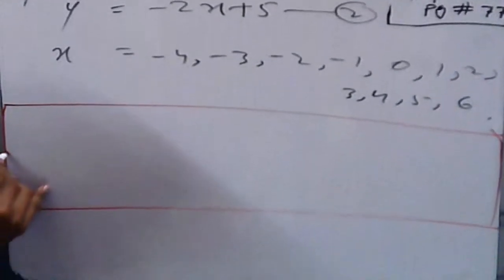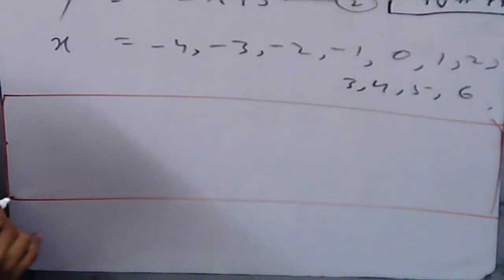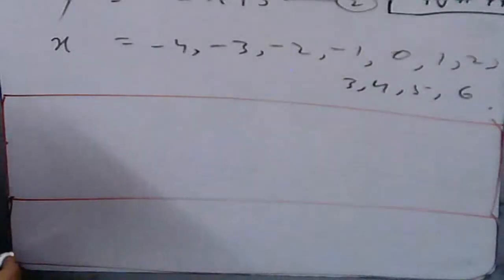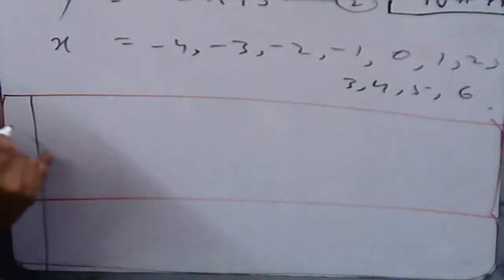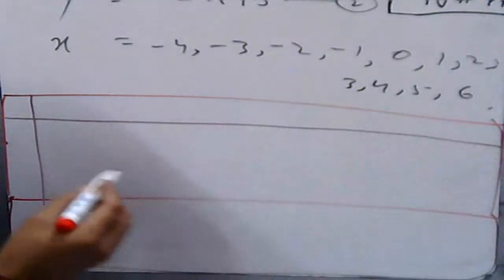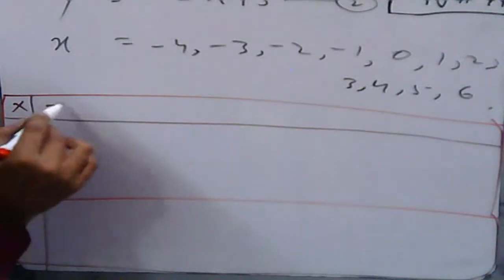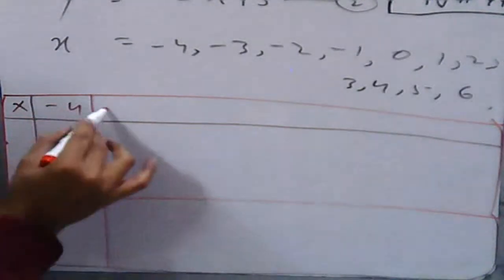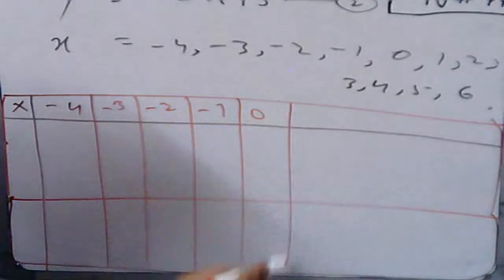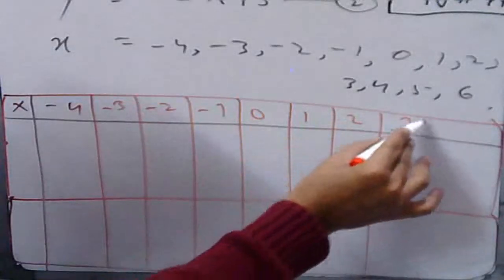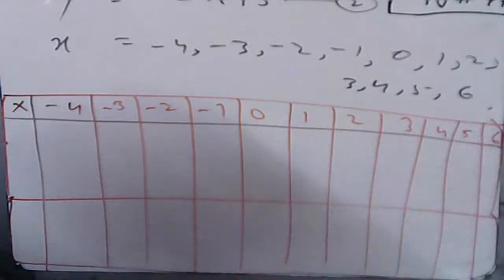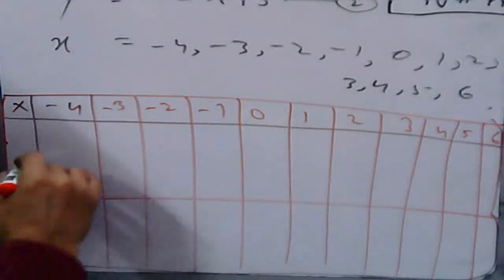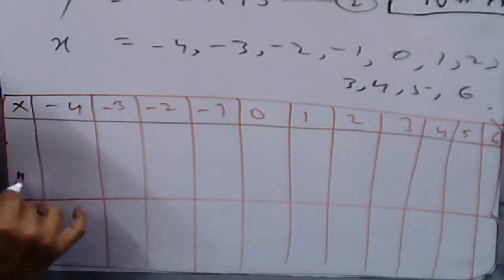We have to make a big table, where the value of x is here: minus 4, minus 3, minus 2, minus 1, 0, 1, 2, 3, 4, 5, 6.